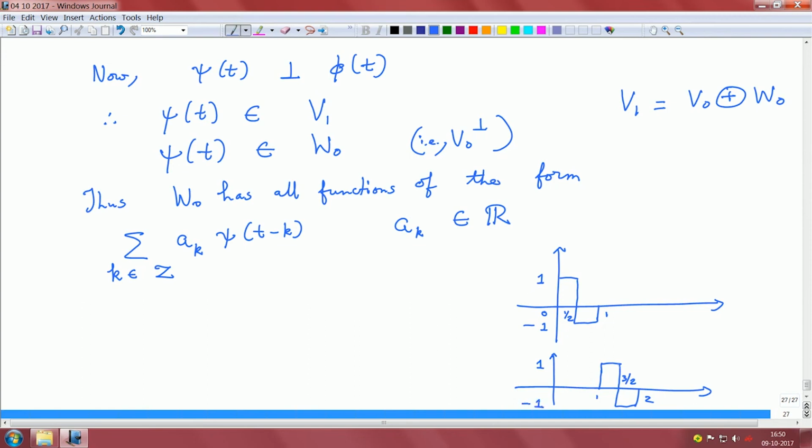These two functions are basically orthogonal to each other. And you can expand this space W0 using all functions of this form in general, where this shift orthonormality holds, starting with this function psi t, and we call psi t the wavelet function.